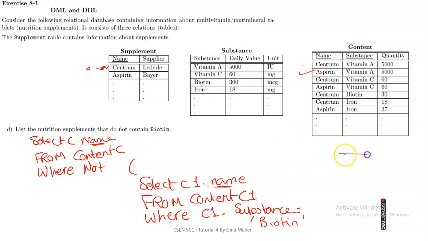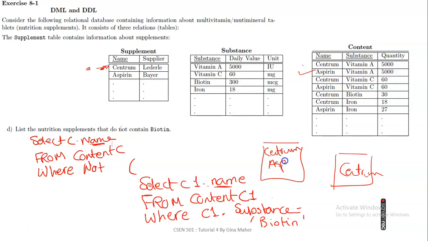In other words, this query will return Centrum, and in all the content we have Centrum and aspirin. Okay, we want to check that whenever I execute a row, this will return true or false.